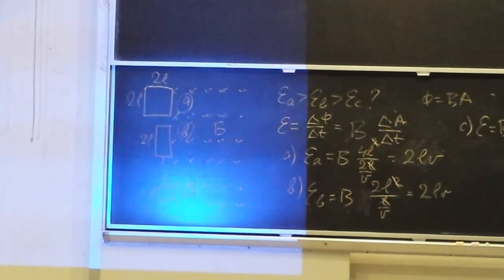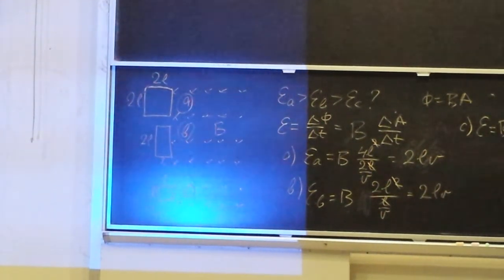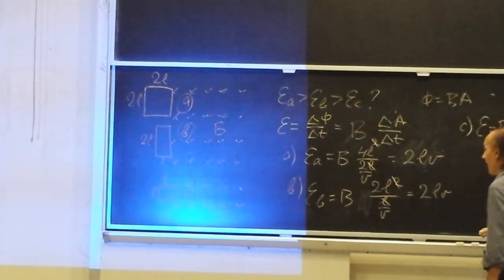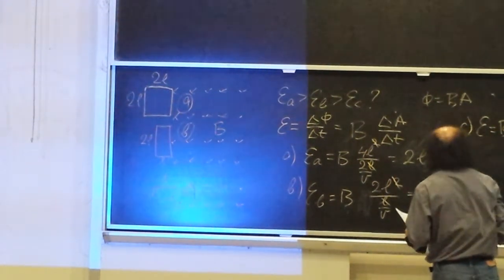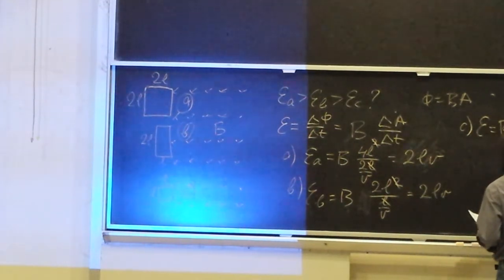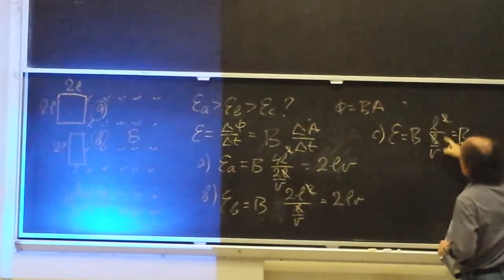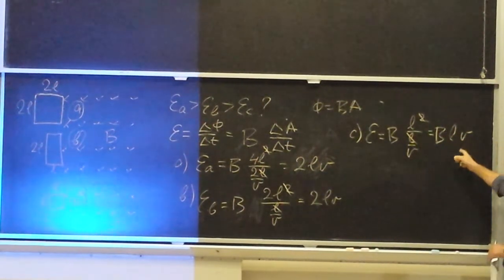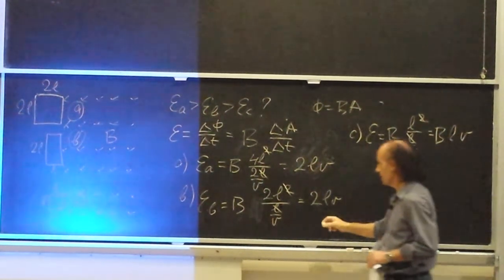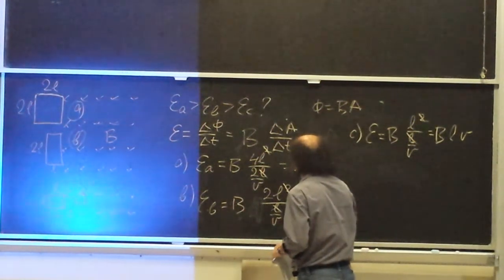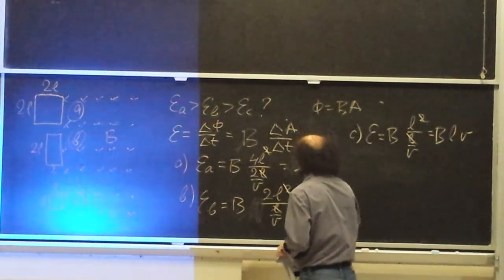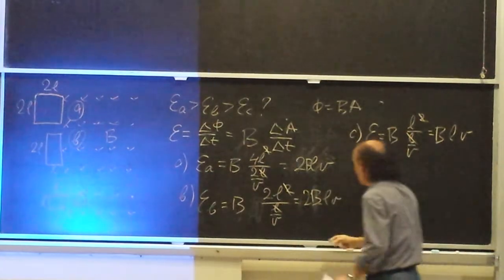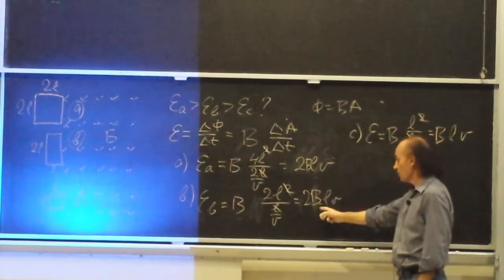Distance divided by velocity. So here we have 2 times less. I should multiply this by B. 2 times B, L times V, 2 times L times V.